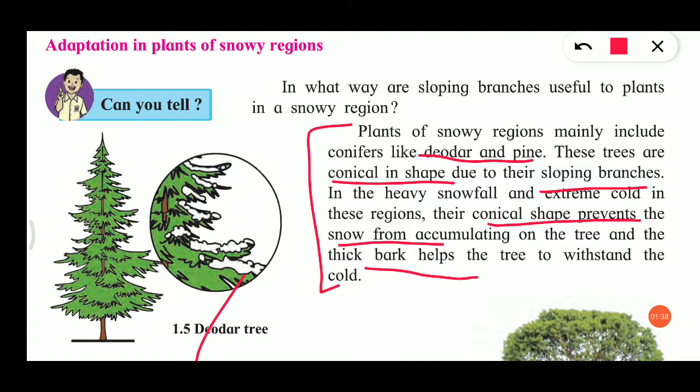So the benefit of these trees is the conical shape and thick bark. Because of the conical shape, ice and snow cannot accumulate on the tree, and because of the thick bark, they can withstand the cold. So there are these changes in the plants of snowy regions.